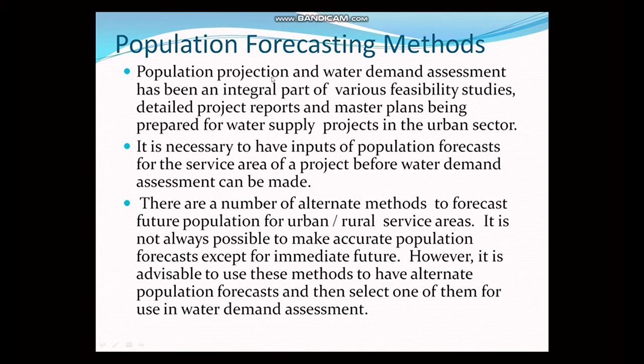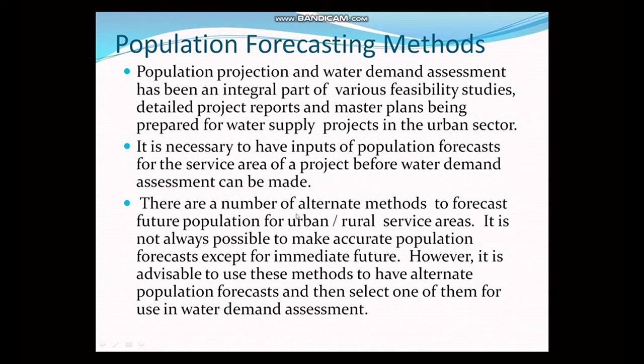Population projection and water demand assessment has been an integral part of various feasibility studies, detailed project reports, and master plans being prepared for water supply projects in the urban sector. It is necessary to have inputs of population forecasts for the service area of a project before water demand assessment can be made.